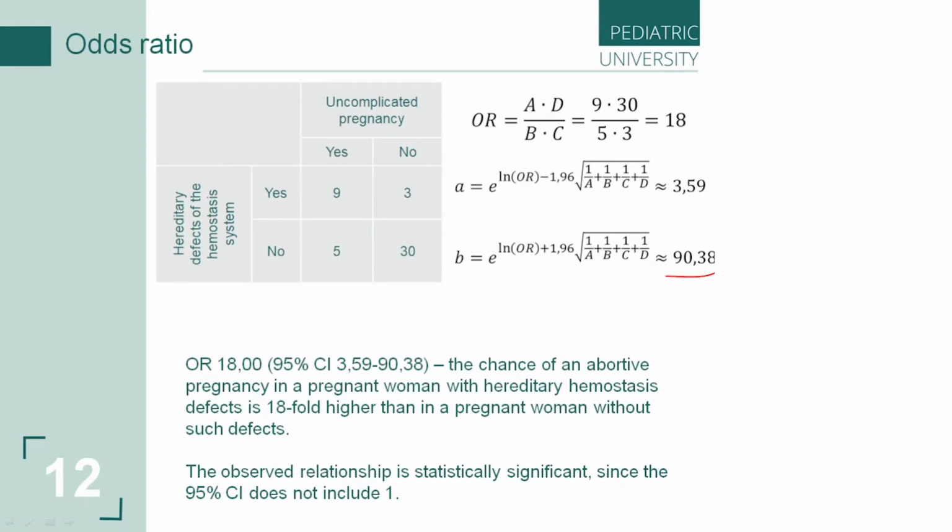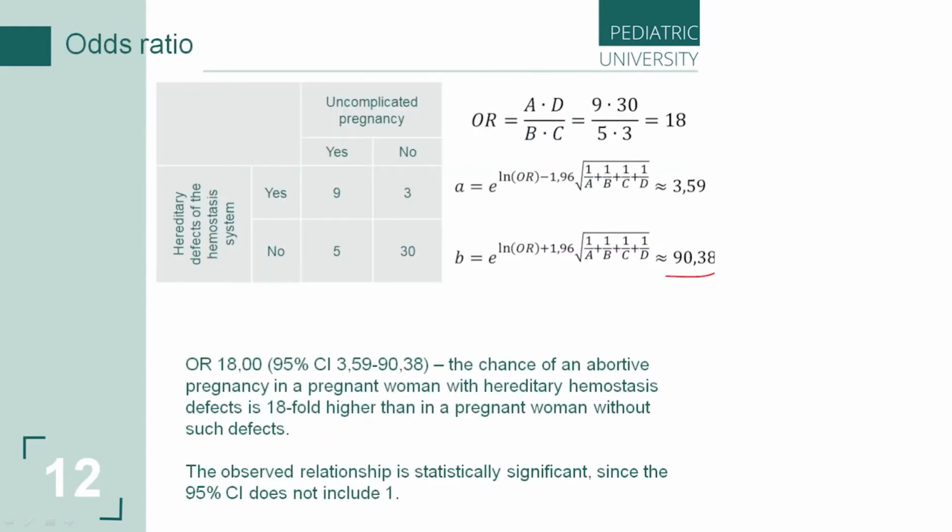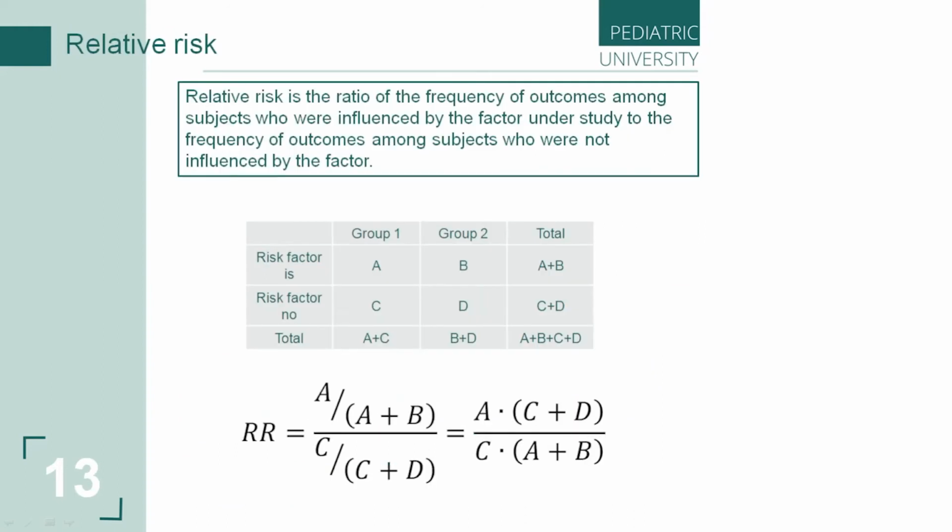within the confidence interval. But in the case of a prospective study, such as a cohort study, we calculate relative risk. It was a retrospective study, yeah, case control. This is relative risk. Relative risk we should use when we have a prospective study or cohort study.